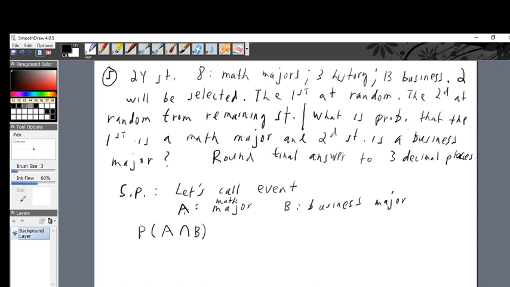The events A and B are independent of each other, right? If you select a math major, that's not going to do anything about whether you're going to select a business major or not. So they are independent of each other.